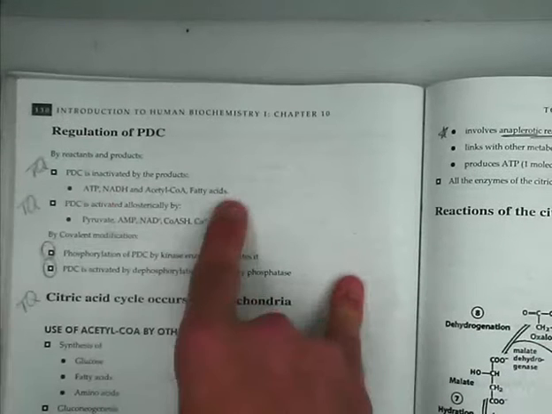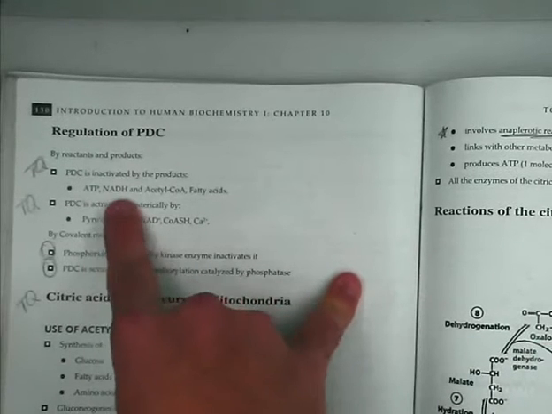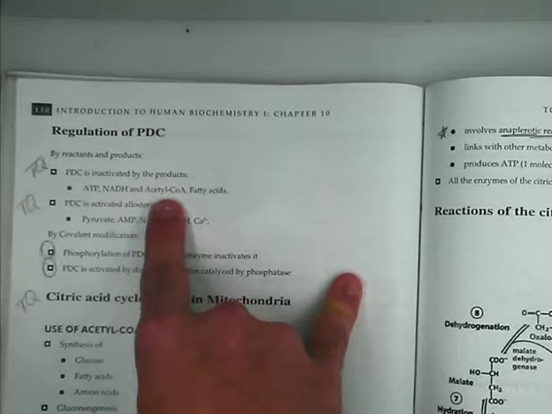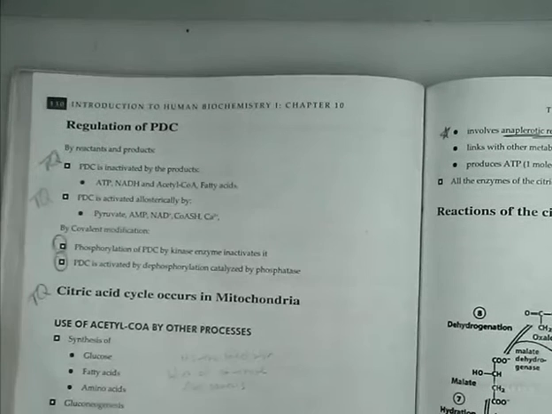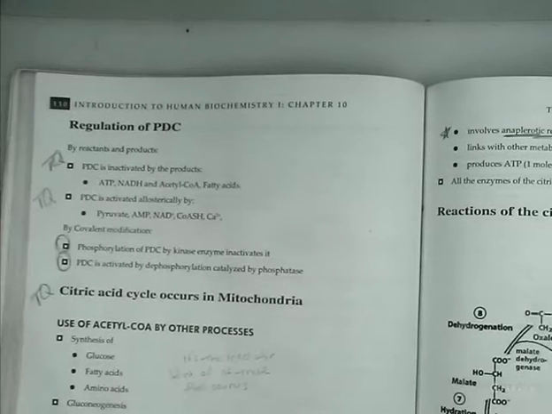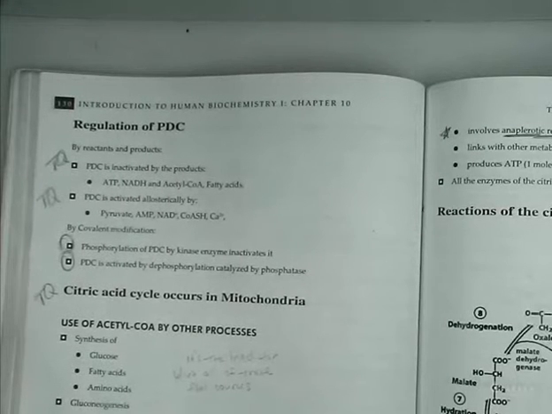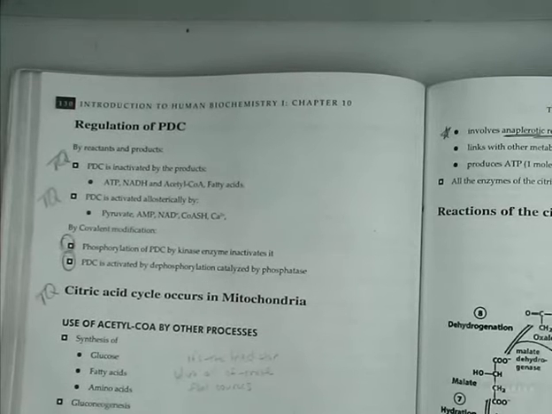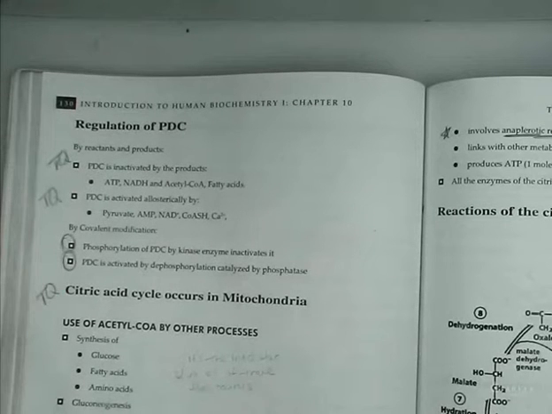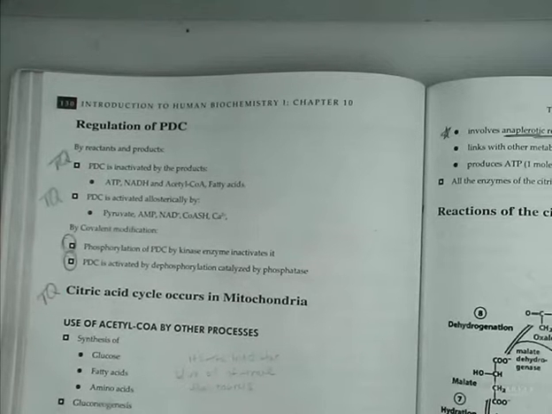Cool. So it's inactivated by ATP, NADH, and acetyl-CoA. All right. So who can tell me why those three things would inactivate this enzyme or this complex? Because once you get enough acetyl-CoA, you're going to stop making it. Exactly. Because if we have enough of it, why would this enzyme turn on to make more? If we have excess, we keep producing excess.